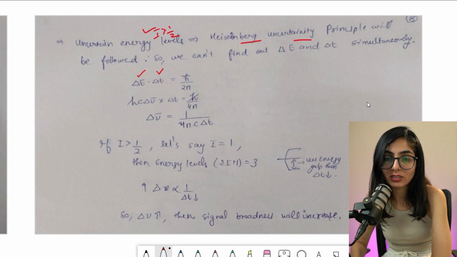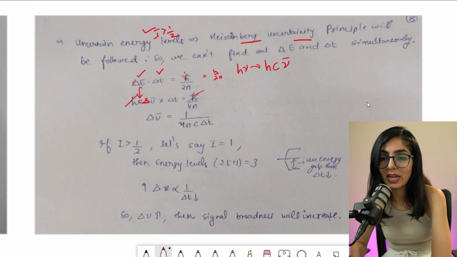If I put in the numbers, del E is equal to h nu, but h nu can be written as hc nu bar. That is hc del nu bar into del T. H cut means h by 2 pi, so it is h by 4 pi, and del nu bar is 1 by 4 pi c del T.